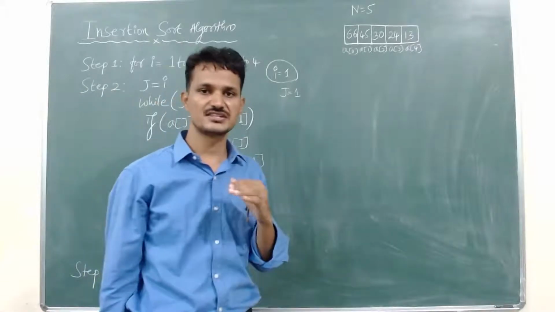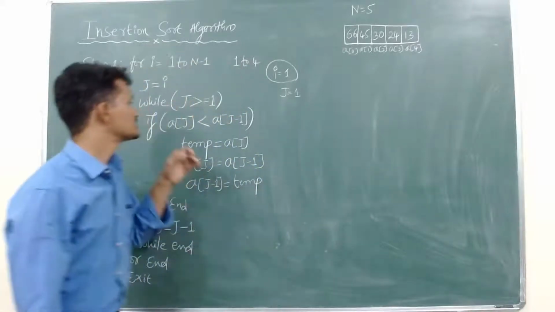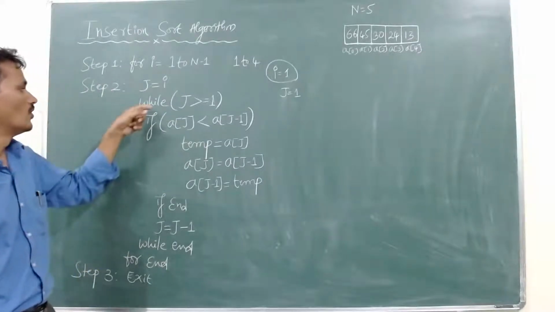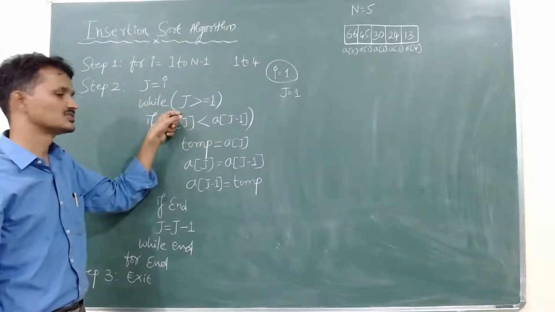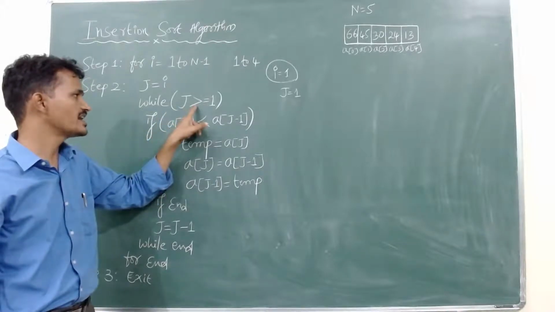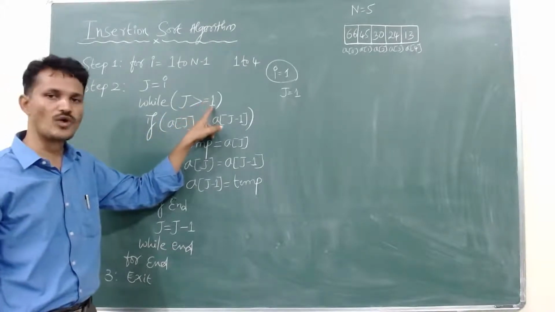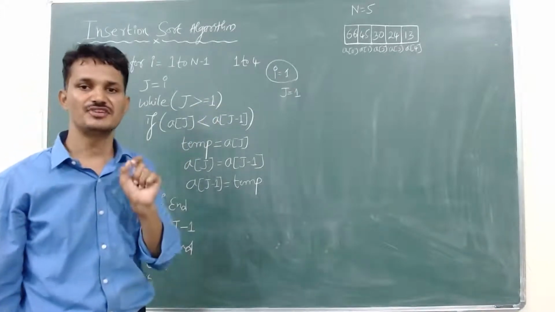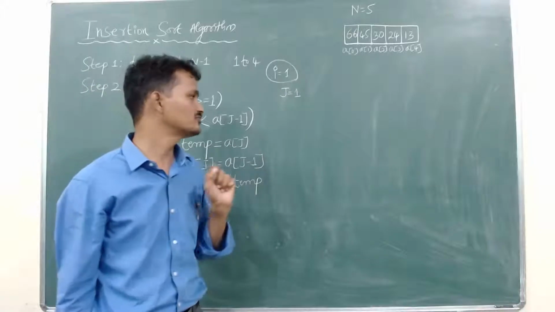In step 2 itself, we come across the pre-tested loop, or entry controlled loop, as we studied last year. It is going to check the condition at the beginning: while, open parenthesis, condition j is greater than or equal to 1, close parenthesis. That means we need to substitute the value of j.